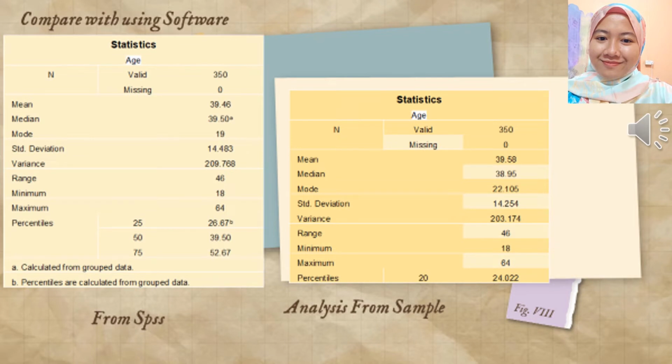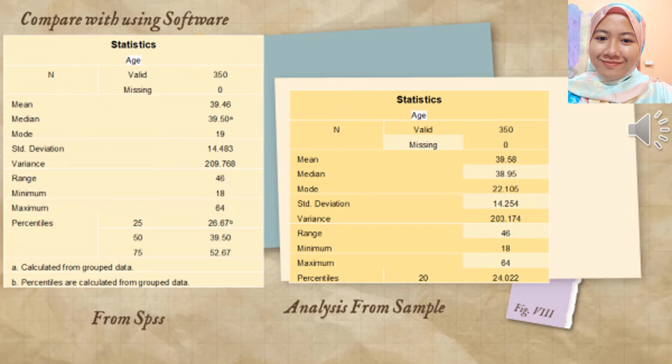The last part is the numerical descriptive measure compared with using software. The right side is from the sample and the left side is from SPSS. We look at the mean from SPSS, we got 39.46, compared with the analysis from the sample mean, we got 39.58.